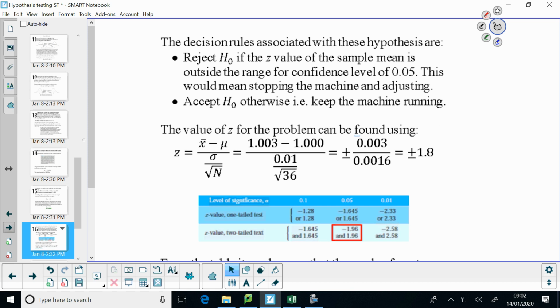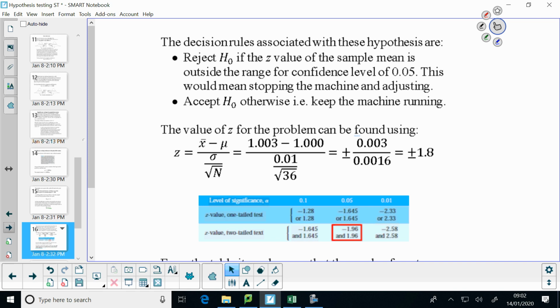Associated with these hypotheses: reject H0, the null hypothesis, if the Z value of the sample mean is outside the range for a confidence level of 0.05. This would mean stop the machine and adjust. Accept H0, the null hypothesis, otherwise, i.e. keep the machine running.